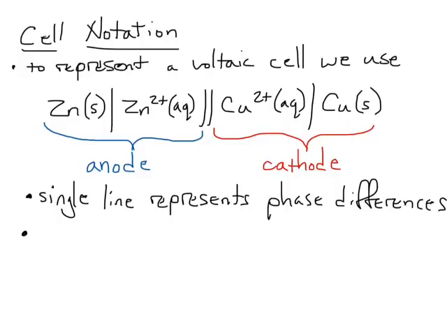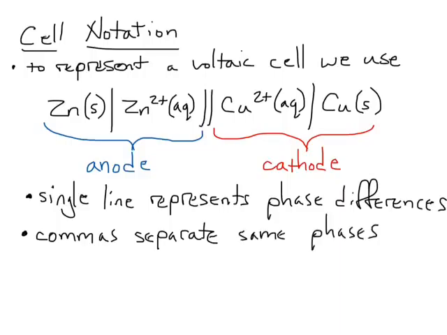Now, this can get a little bit more complicated. I'll show you an example of this right here. Commas separate same phases. This one's kind of long. I'm going to use the example of the same cell that was on page 927 that I referred to before, the voltaic cell that had iodine and the permanganate and the manganese.